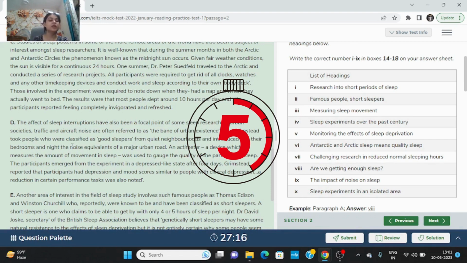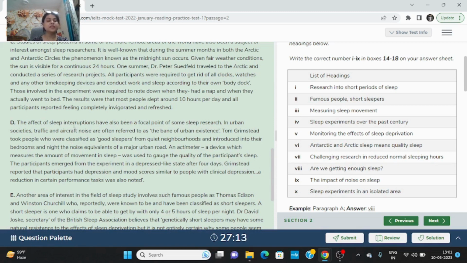Okay, let's start. The effect of sleep interruptions have also been a focal point of some sleep research. In urban societies, traffic and aircraft noise are often referred to as the bane of urban existence. Tom Grimstead took people who were classified as good sleepers from quiet neighborhoods and introduced into their bedrooms at night the noise equivalents of a major urban road.